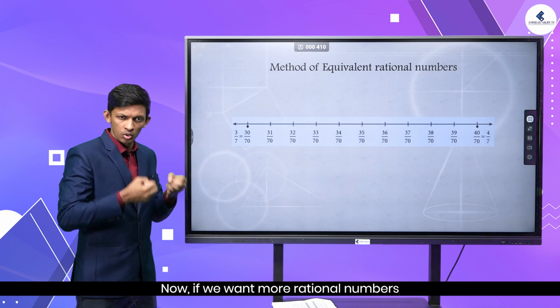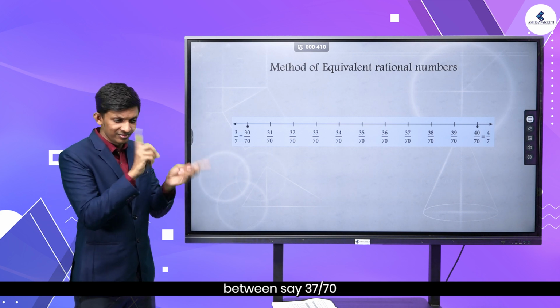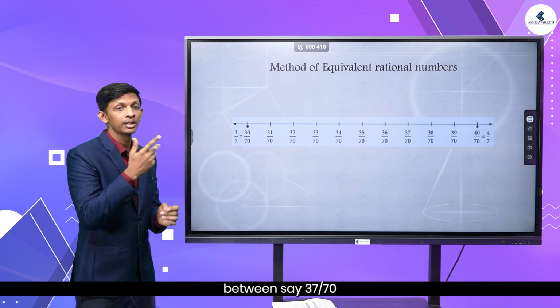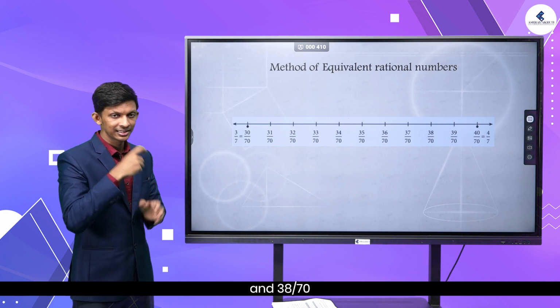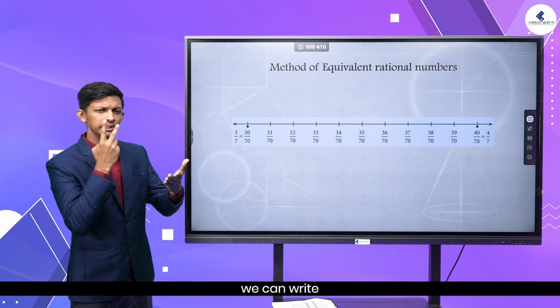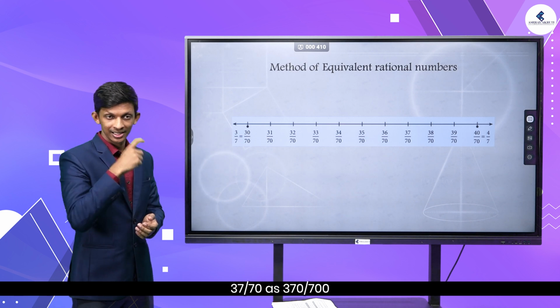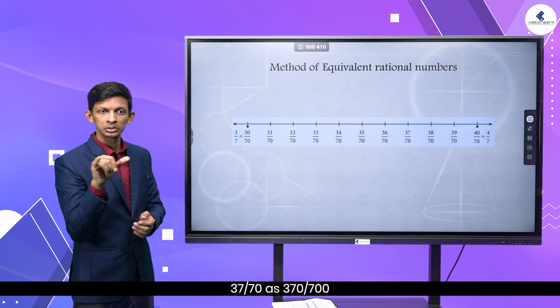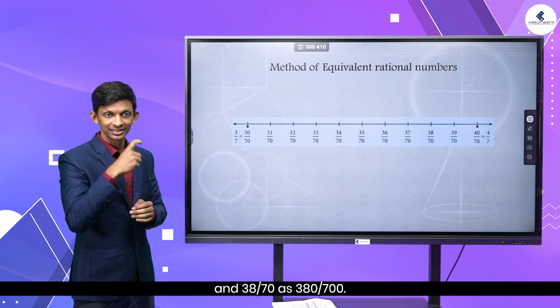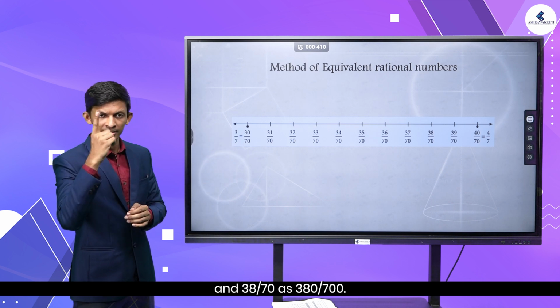Now if we want more rational numbers between, say, 37 by 70 and 38 by 70, we can write 37 by 70 as 370 by 700 and 38 by 70 as 380 by 700.